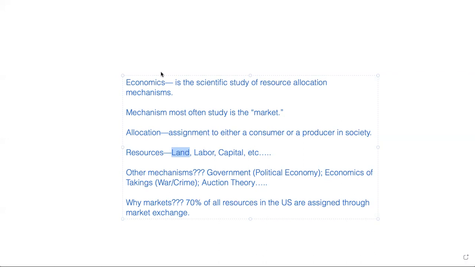We also include in the category of land things like clean air, clean water, and climate. So some people use the term natural resources as a way of conveying it. So does everything seem clear, Andy, or are you still confused a little bit about land? No, I follow you so far.